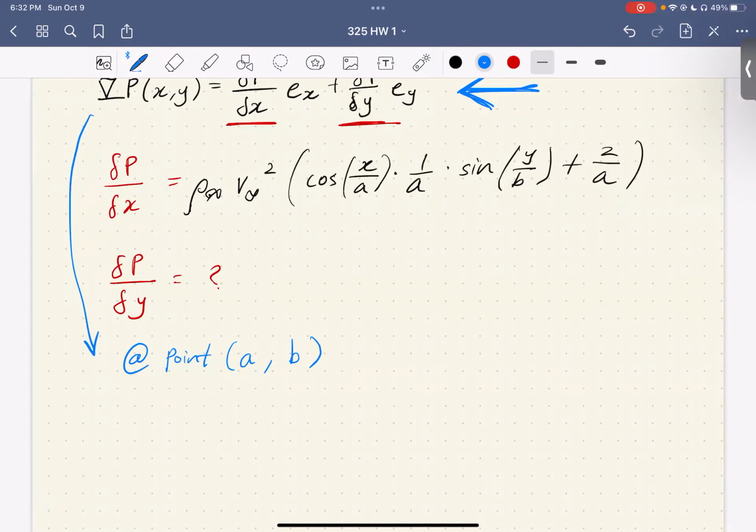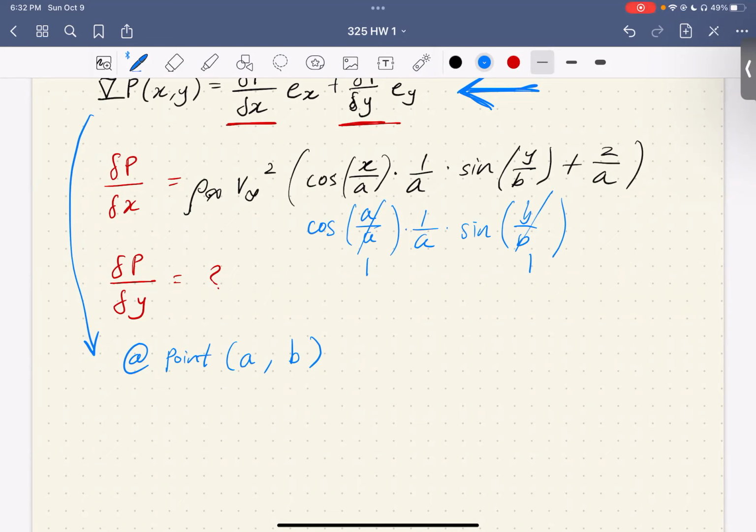So for example, this cosine is like A over A, so that's just cosine 1. And then we have 1 over A times sine B over B, which is just 1. So it looks like we have some more simplification that could happen.